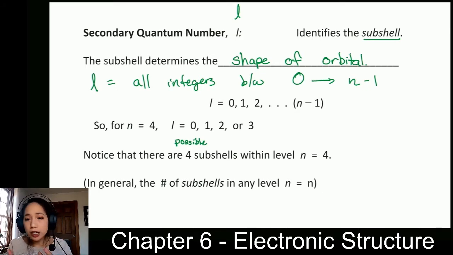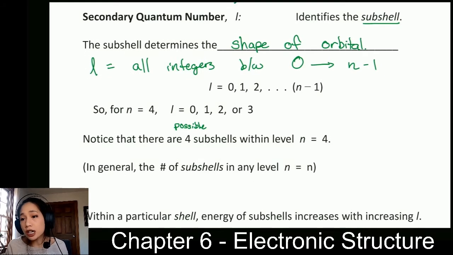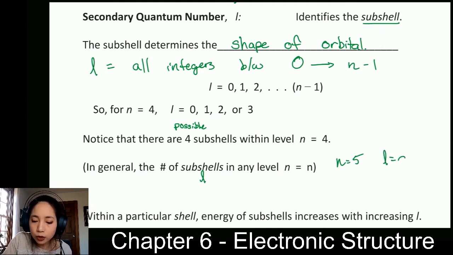So notice here, because now we can include 0 with an L, but we can't include 0 with n, there are 4 subshells within an n equals 4 energy level or principal quantum number. So in general, the number of subshells or L values possible in any n value equals n. So if we had n equals 5, then L can equal 0, 1, 2, 3, 4.